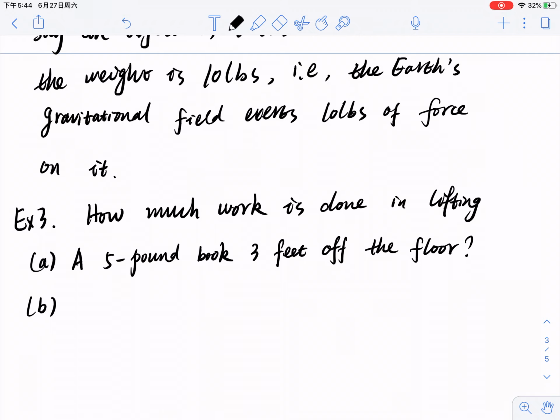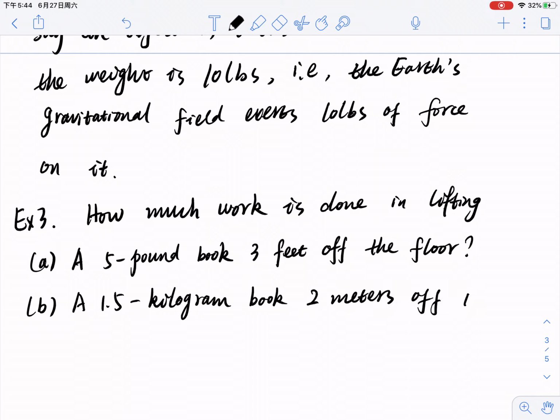B, a 1.5 kilogram book 2 meters off the floor?